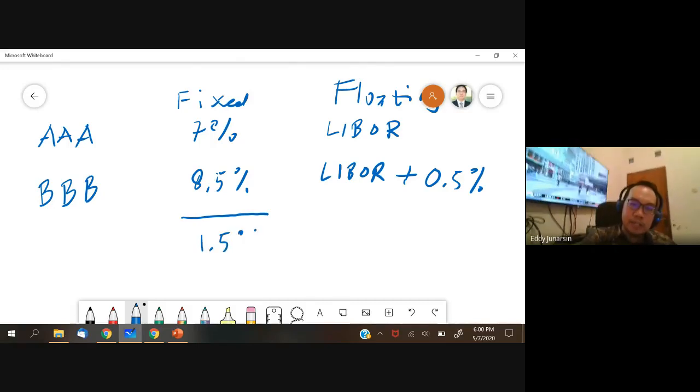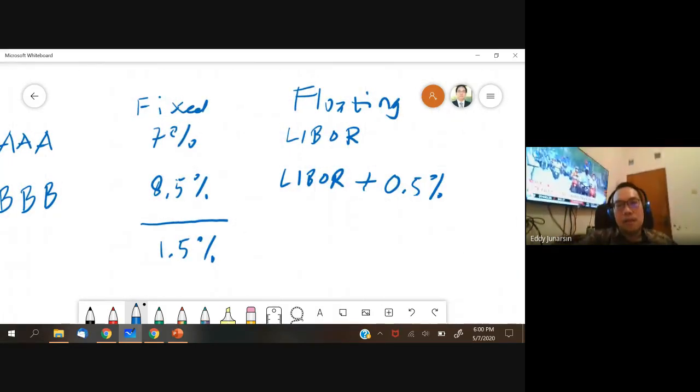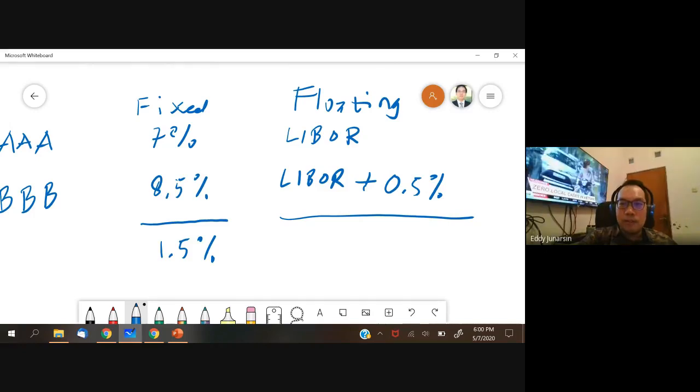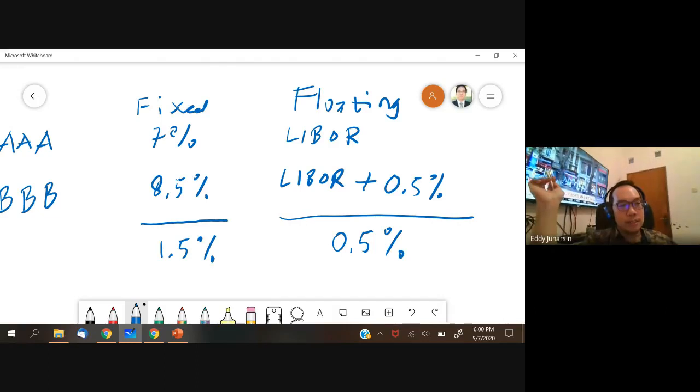a 1.5% advantage here. And on the other hand, for the floating rate debt, the triple A firm is better off by 0.5% only, right? Agree?